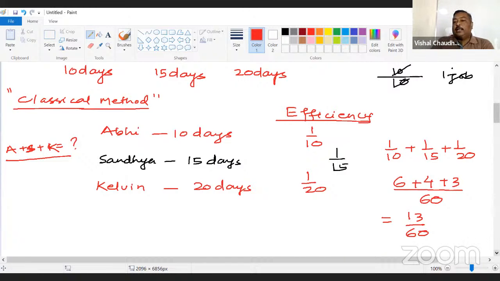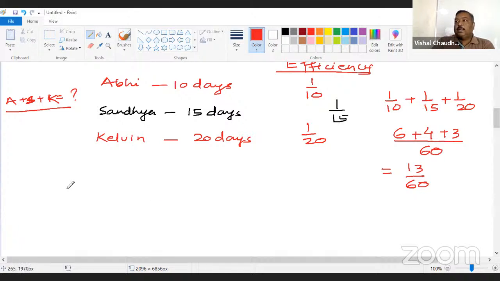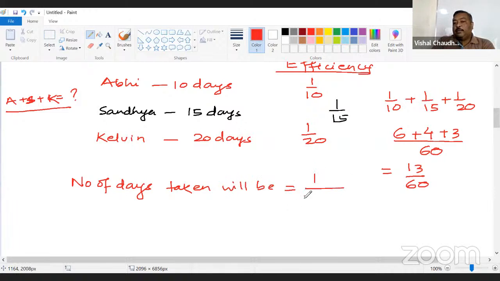Therefore, the number of days taken will be 1 by efficiency, that is 1 by 13 by 60, that is 60 by 13, or 13 times 4 is 52.